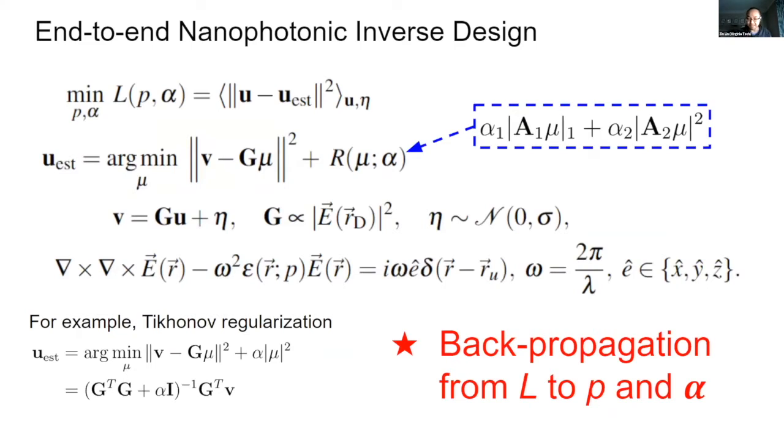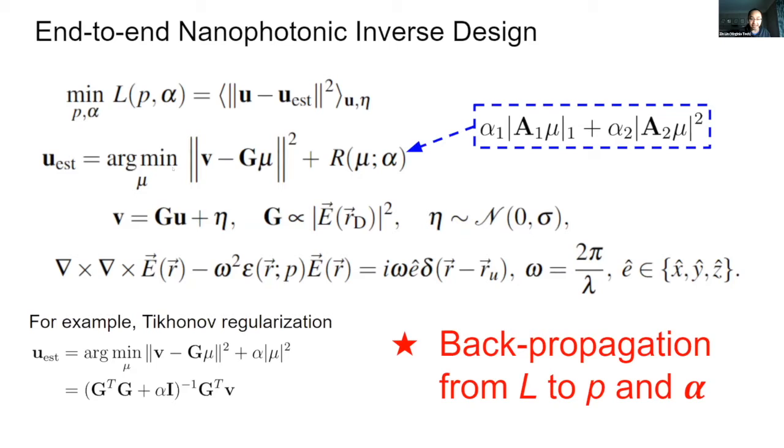So here's a much more precise formulation of what we mean by this end-to-end inverse design. Basically, what you have is a loss function, which is the difference between the object that you want to reconstruct, the actual ground truth, minus the reconstructed object. And the reconstructed object is something that you obtain from solving a reconstruction problem in the backend, the signal processing backend.